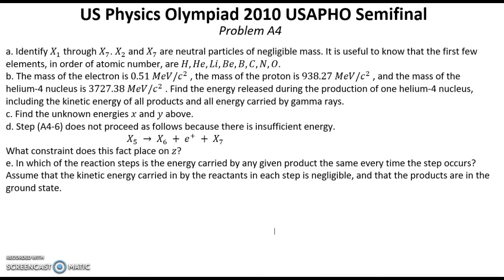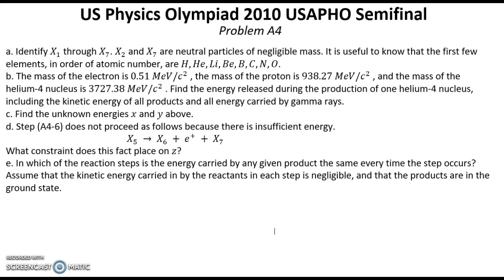Question C. Find the unknown energy X and Y above. Question D. Step 6 does not proceed as follows because there is insufficient energy: X5 to X6 plus positron plus X7.